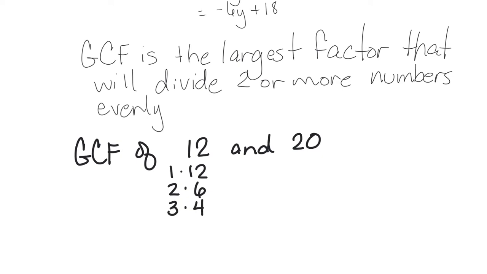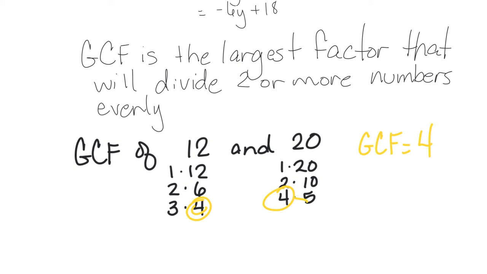So what are my factors of 20? 1 and 20, 2 and 10, and 4 and 5. Now, if you look at your list there, what is the largest factor that they have in common? 4. Okay, so 4 is the GCF. So the GCF is equal to 4. That means 4 divides 12 evenly and 4 divides 20 evenly.